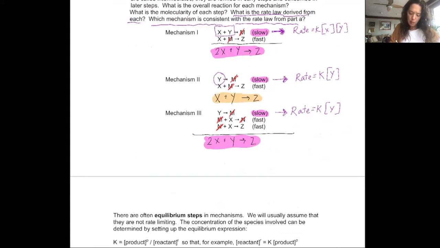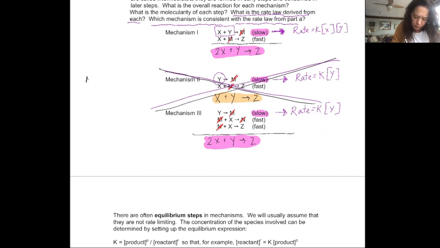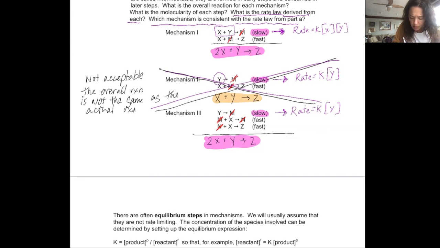So this mechanism is not acceptable because the overall reaction is not the same as the actual reaction. Okay, so that mechanism is not going to work.